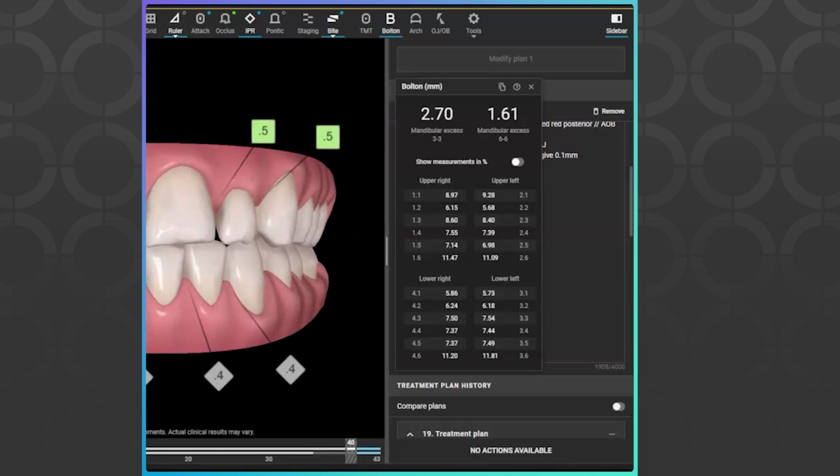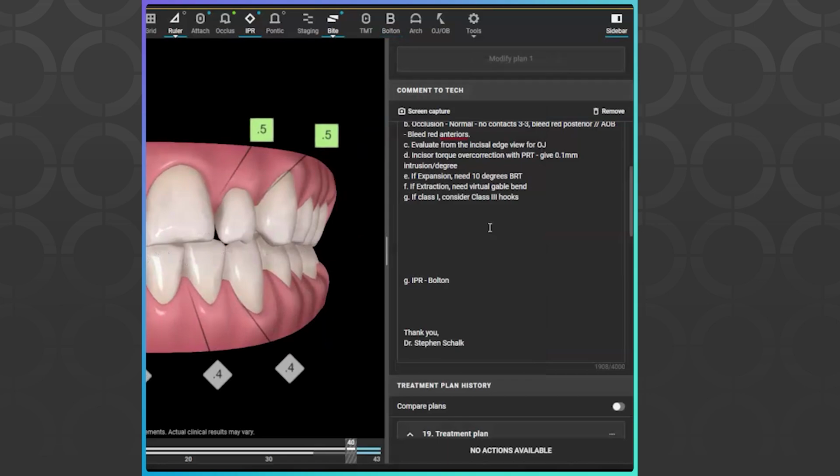So if I was doing this again, I probably would focus on leaving more space around his upper left lateral and a little bit less space around his upper right lateral. Now, we didn't, but that's something that maybe I would change.